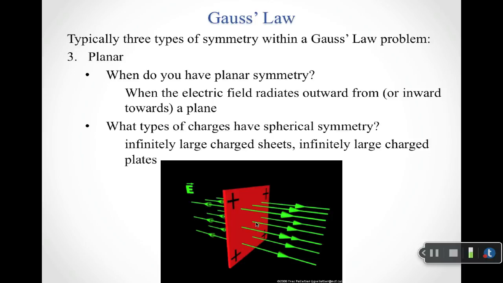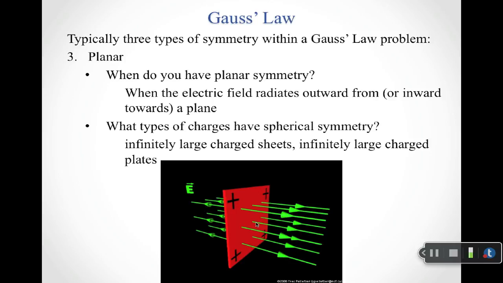And so we'll be able to take advantage of using Gauss's law in special situations to figure out what the electric field is. And so the crux of Gauss's law is it's almost always helpful if you're interested in the electric flux.